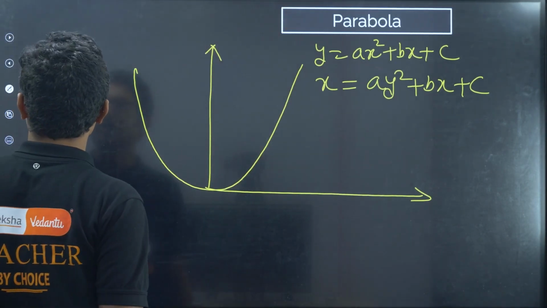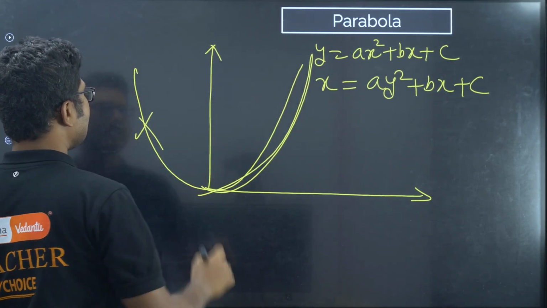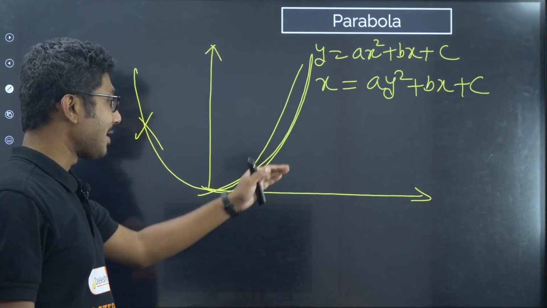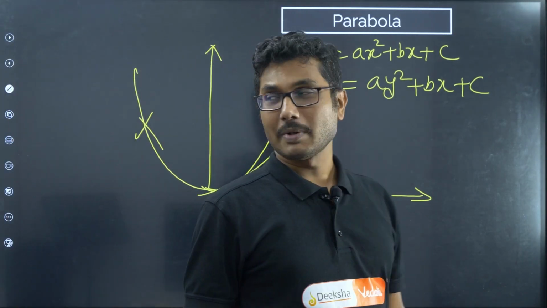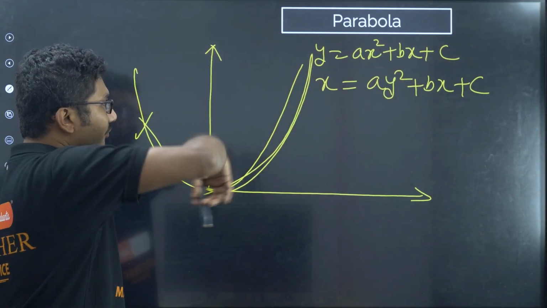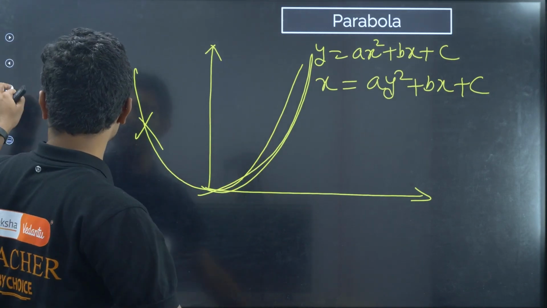And always we will only consider the positive part, that is this part. We will not consider this part because in most cases, if it is a time graph, time cannot be negative. So this part is generally not shown in the diagram. But this U-shaped or V-shaped curve is called a parabola.